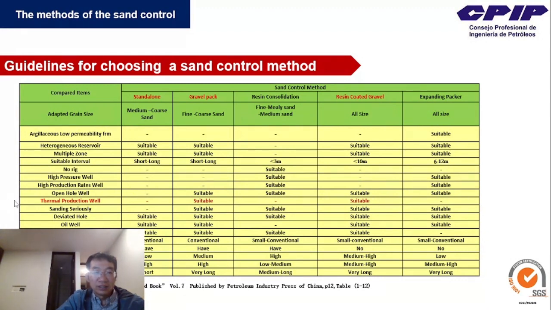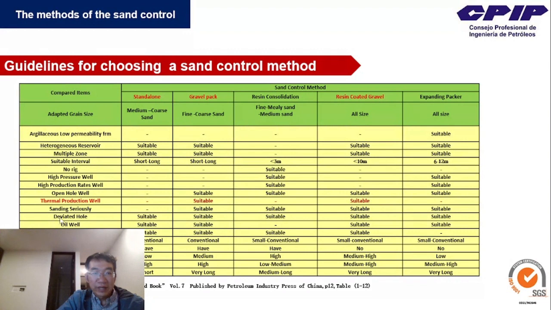And the thermal production well: the gravel packer is suitable, and the resin-coated gravel is suitable. Sanding seriously: the gravel packer is suitable, the resin consolidation is suitable, the resin-coated gravel is suitable, and the expanding packer is suitable.